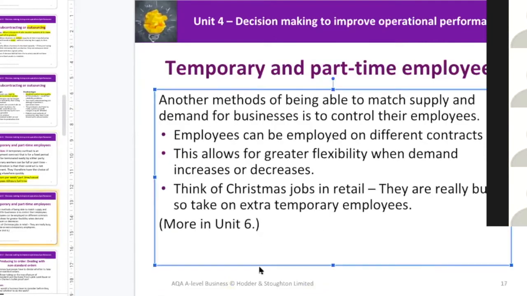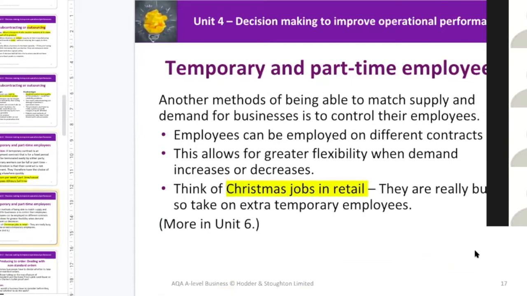Okay, so this slide, I only want you to look at this example here. Normally during Christmas, for 1 month from December to January, the shopping centers are very busy, okay? So what they do, they always take on more temporary or casual employees.